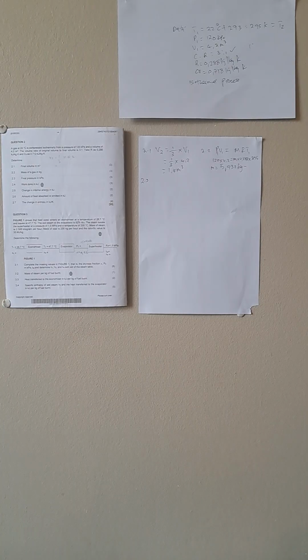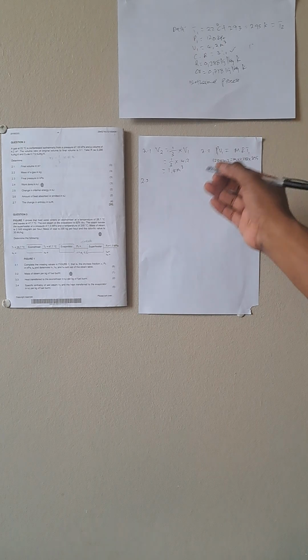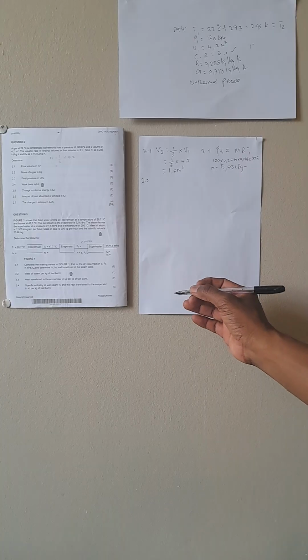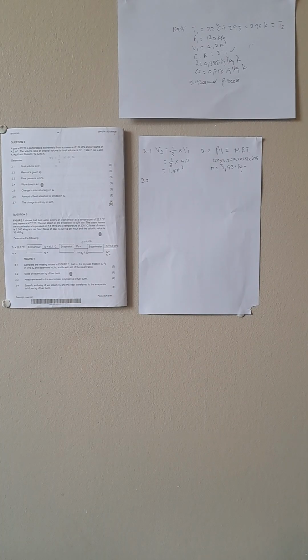On 2.3, we are supposed to calculate the final pressure, P2. There are many formulas which we can use, but under examination conditions, just try to stick to simple formulas. Remember, this is an isothermal process, where our temperature and volume conditions can extend up to cardinal point number 4.